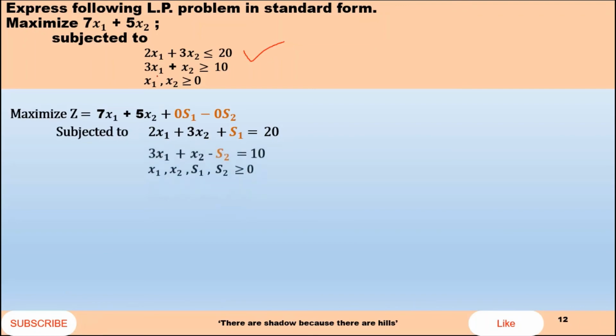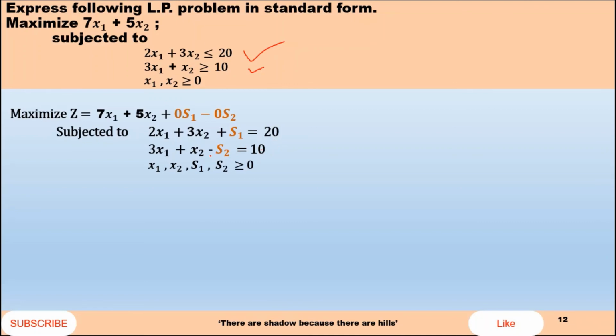In a similar way, the second constraint, 3x1 plus x2 greater than or equal to 10. So you should use a minimum of 10 units of these resources. You may use 13 units, you may use more than 10 units, but you should not use less than 10 units. So in case you use 13 units of these resources, this s2 indicates 3 units, the amount by which the limit is exceeded over the original value.